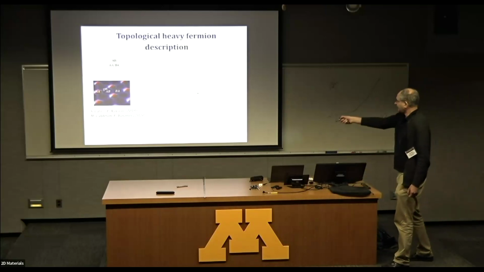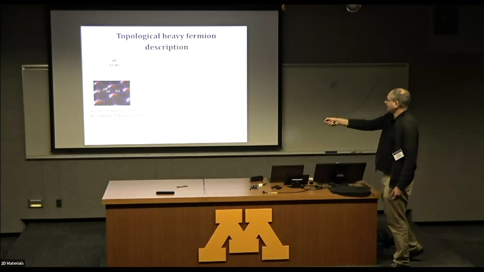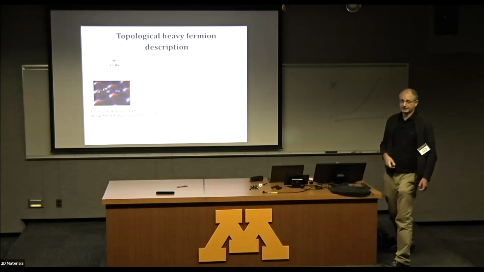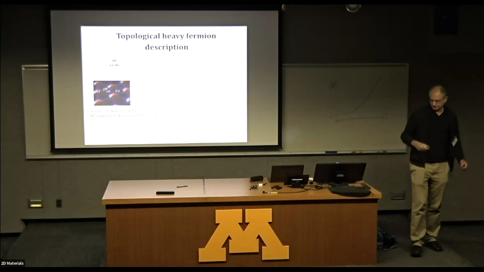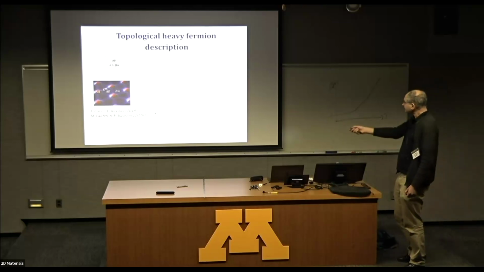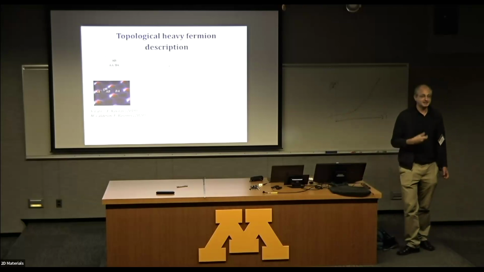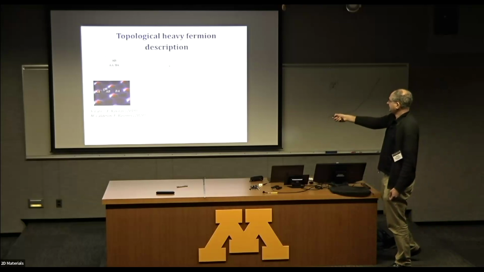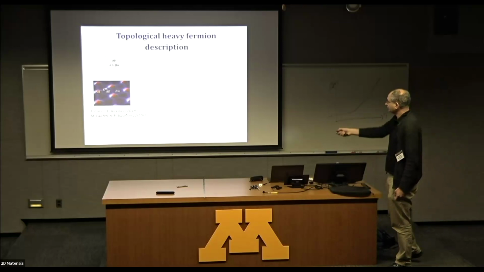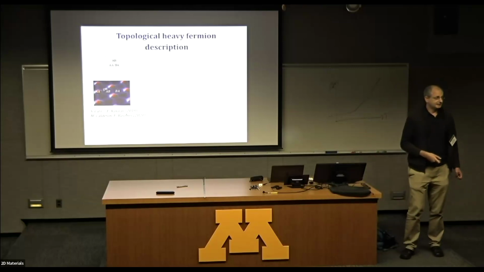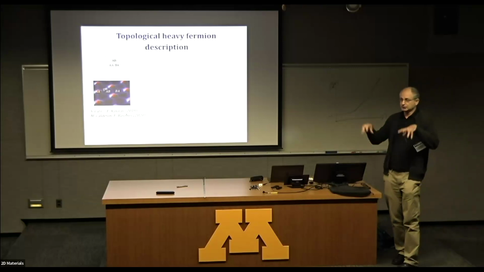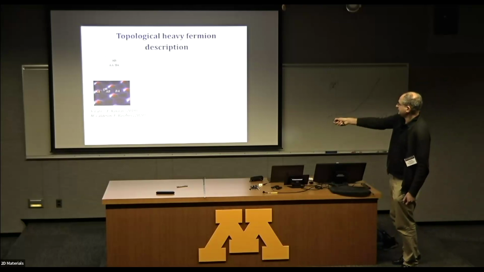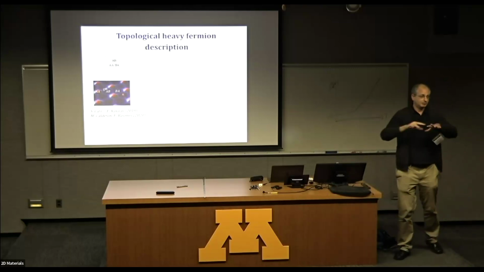A very convenient way to think about the structure of these flat bands is the so-called topological heavy fermion basis, or description. The idea is this: it was observed early on, both theoretically and experimentally, that the structure of the wave functions in real space of the electrons in these flat bands is not uniform in the moiré unit cell.